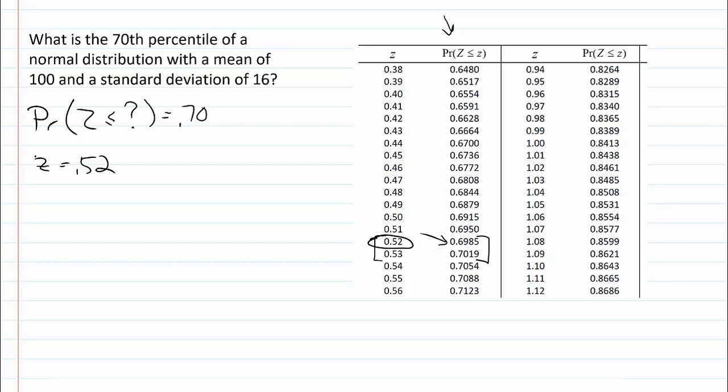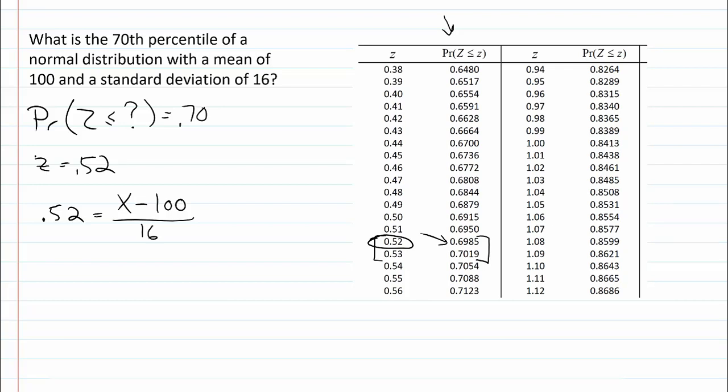But this value of z is for a standard normal distribution. I now need to find the value from a normal distribution with a mean of 100 and a standard deviation of 16. And I can do that by plugging these values into my z-score equation. So z is 0.52, and that's going to equal x, the value that I want, minus the mean, which is 100, and that quantity divided by a standard deviation of 16.